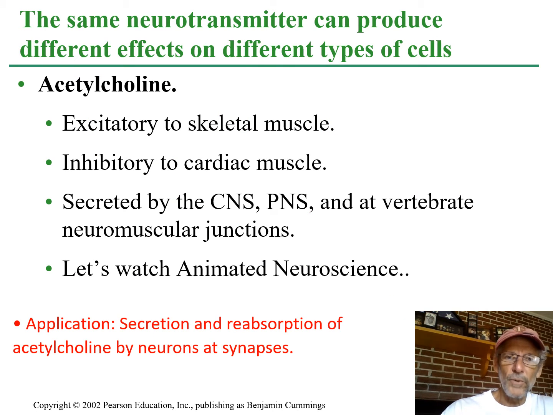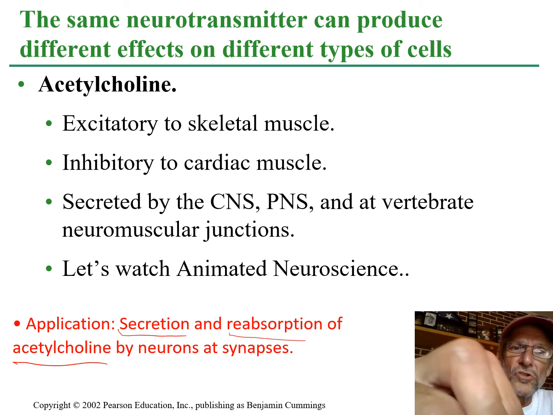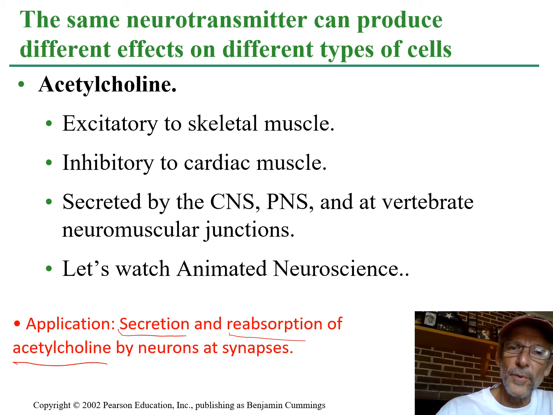So here we go back to acetylcholine, right? And we're going to talk about its secretion by exocytosis and then reabsorption at synapses. It's a very, very common one. It's also the neurotransmitter that is released by the nerve cells that connect to muscles.